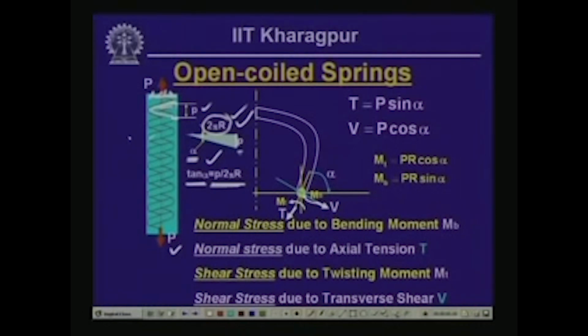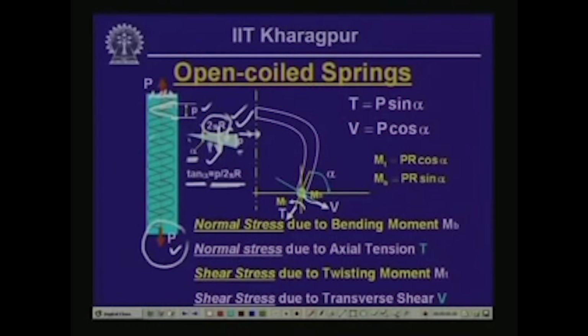Now, if we look into the forces that this will be subjected to, first if I transfer this axial force P to the straight coil which is in one plane, it will be subjected to a direct force P and a twisting moment P times r, the vectorial direction of which we had seen last time.